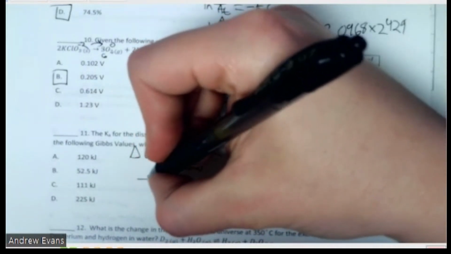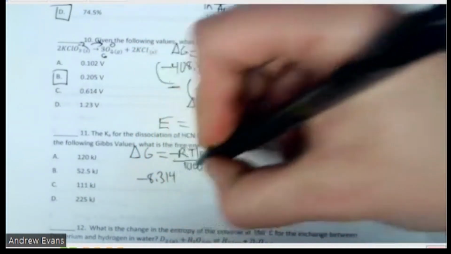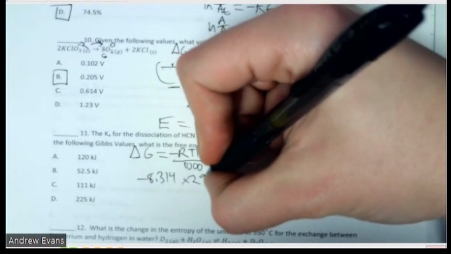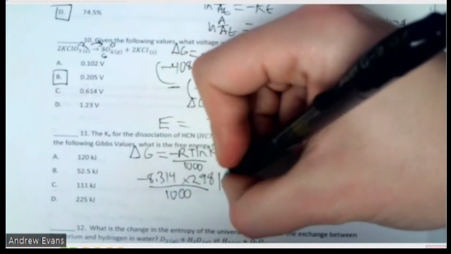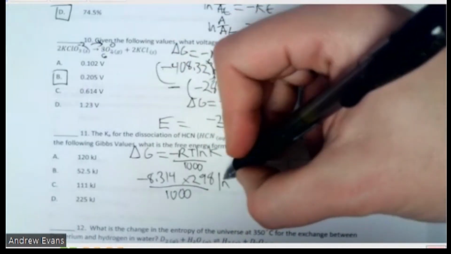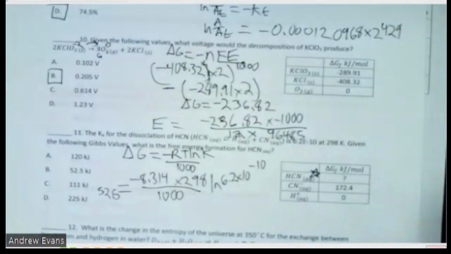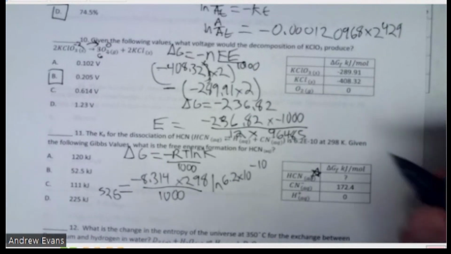So negative 8.314 times 298 divided by 1,000 times ln 6.2 times 10 to the negative 10. So you get a delta G of 52.5. Unfortunately, that is not our answer. That's the delta G of the reaction.